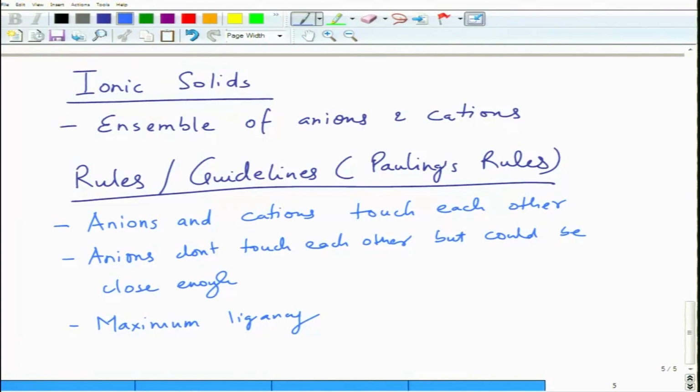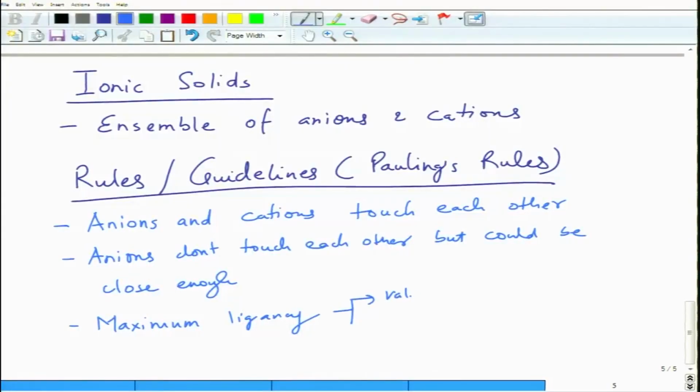If you surround the cations by anions or anions by cations, there are more neighbors, and the electrostatic energy is going to be minimum because they will attract each other. However, it is not all that simple, because there is also valence which plays an important role and size which plays an important role. So this is determined typically by valence and size, and then you need to maintain the electrical neutrality.